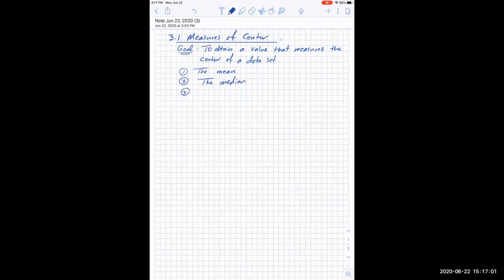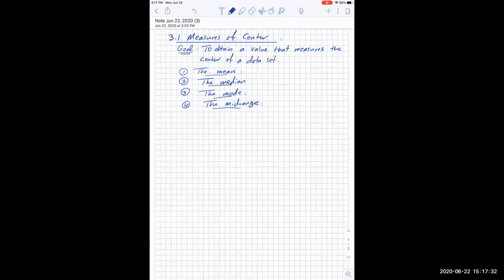Third is the mode. And the fourth one is the mid-range. All right, so these are the four different measures of center that can be used to describe the middle of this data set.